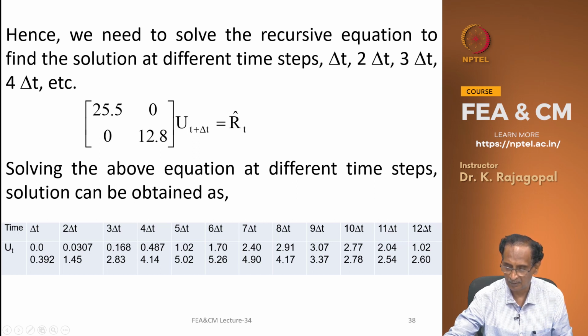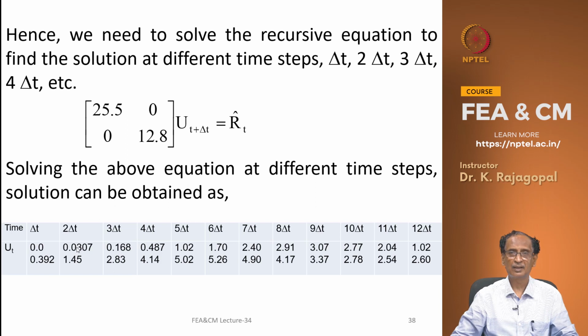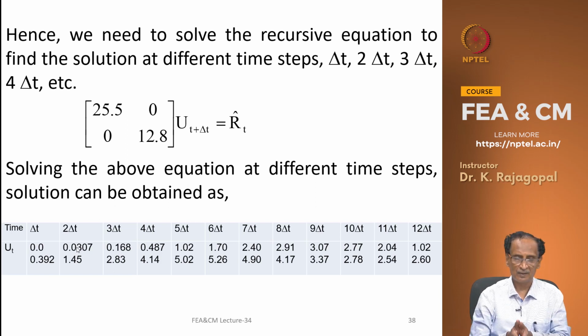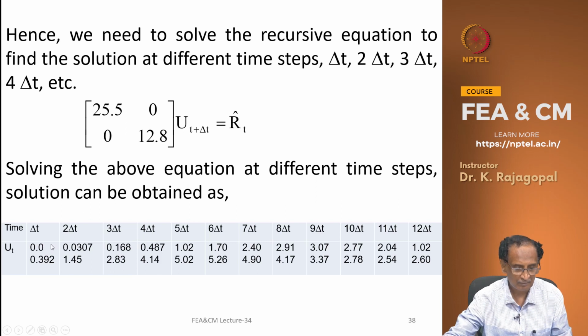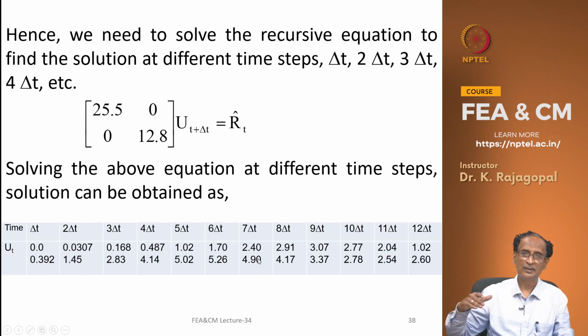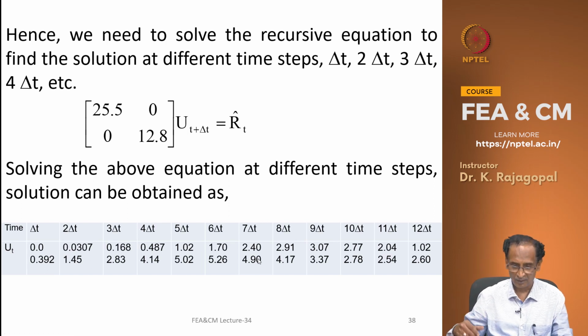I have solved up to 12 delta t, and these are actually manual calculations. You can just simply take a calculator or write an Excel program and solve them. It's very simple, and we see that as the time step is increasing, the displacement is fluctuating.